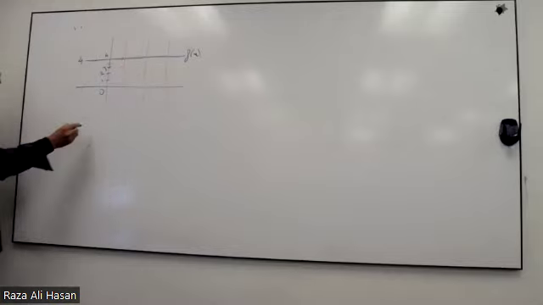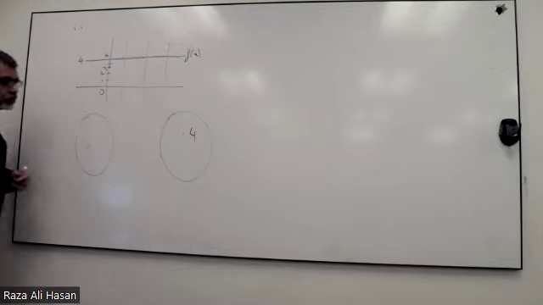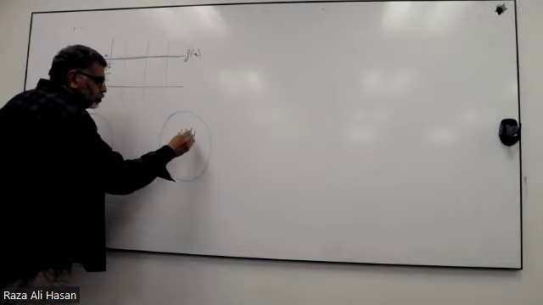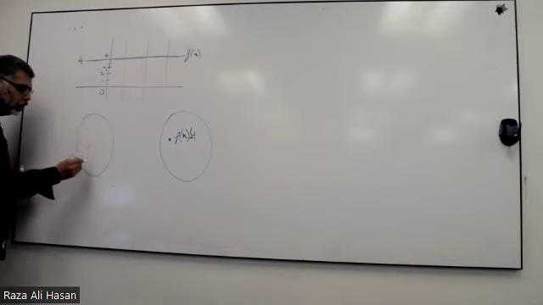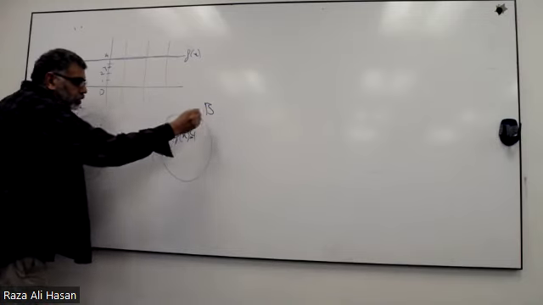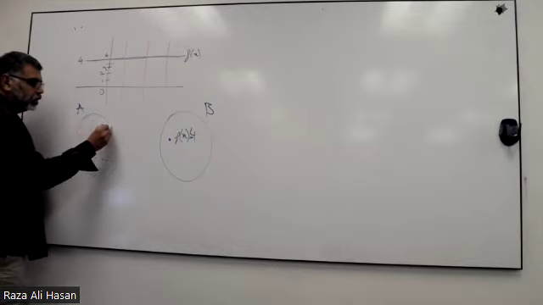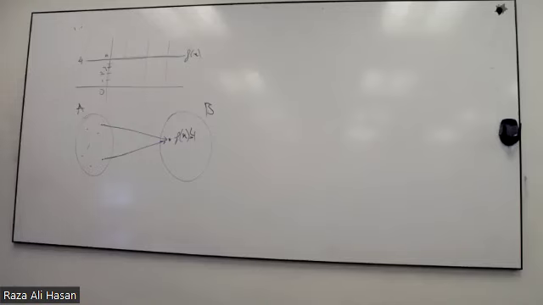So if we do our Aggies, this would be our f of x, right, folks? And then here I can put every point here. This is our A, this is our B. If I do two points from here, what does this look like?